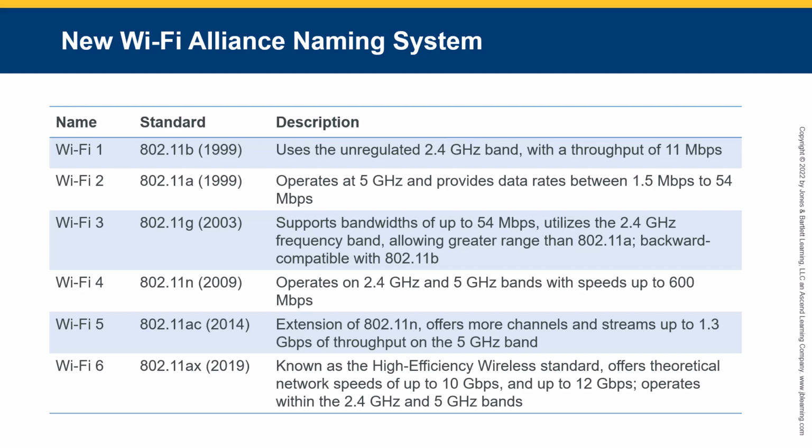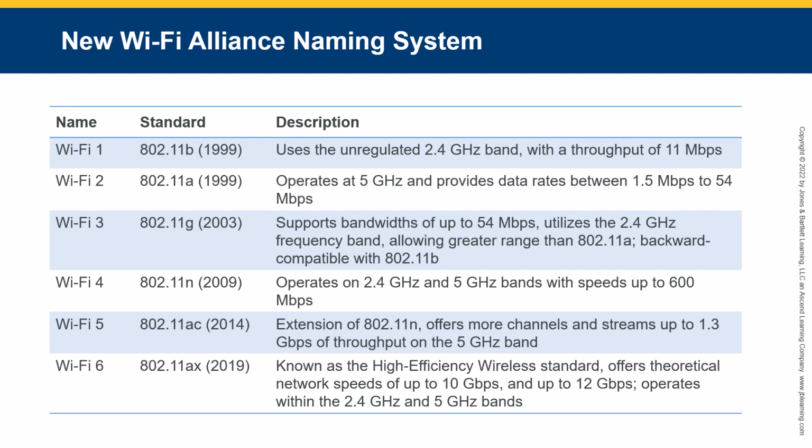So there are changes to these wireless networks to increase their operational distance, speed, and the frequencies that they can use. Notice most of these are using 2.4 and/or 5 gigahertz. With newer wireless standards, we're now able to take advantage of the 6 gigahertz range, hence the Wi-Fi 7 standard.